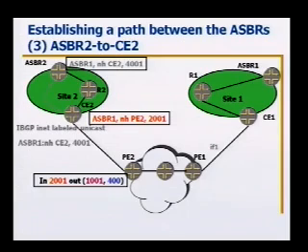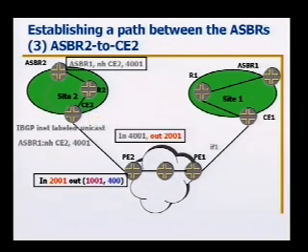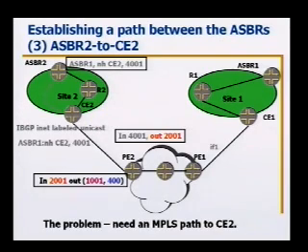Now if I want to send traffic to ASBR1, I need a label switch path that will carry this traffic all the way to CE2, since the traffic is going to be labeled traffic. That's not a problem, because we have MPLS within the sites.